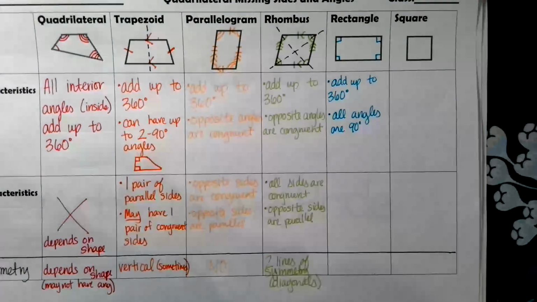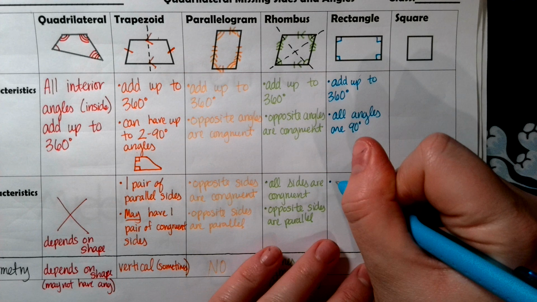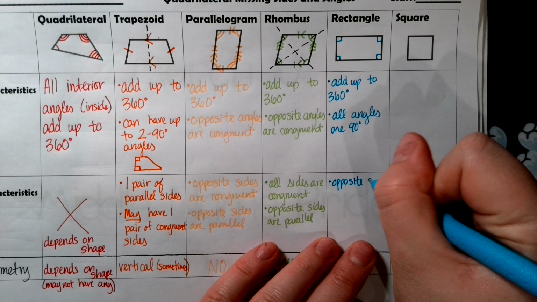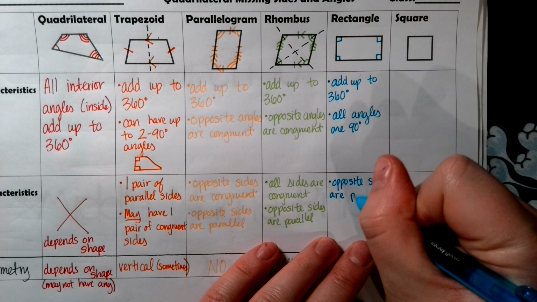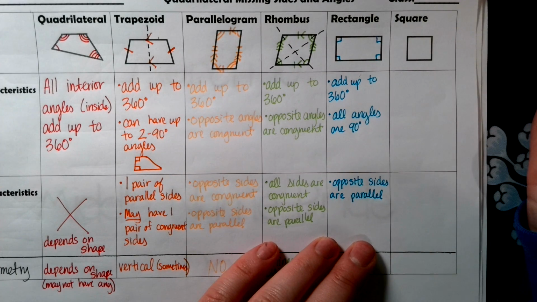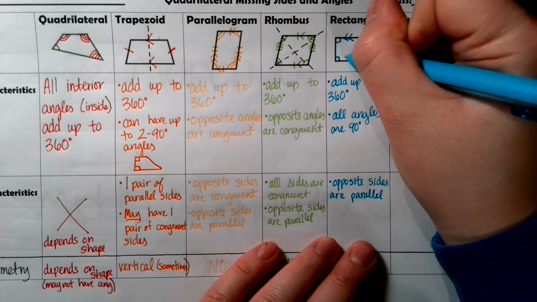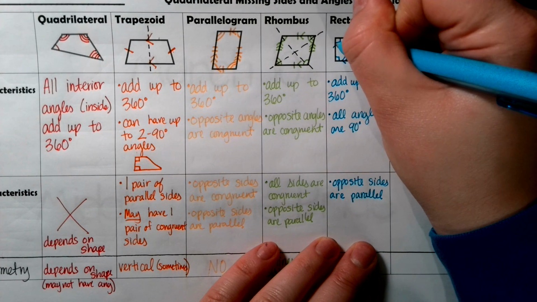For the sides, opposite sides are parallel. So again, we draw those little arrows on my side lengths, one for one set of parallel sides and two for the other.